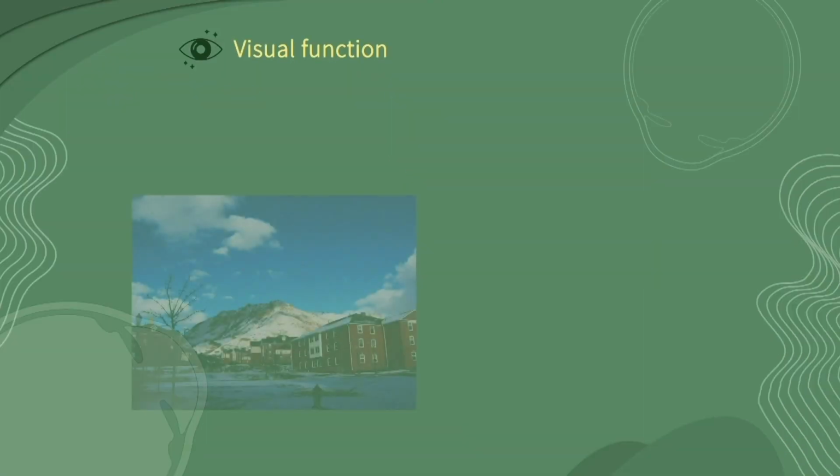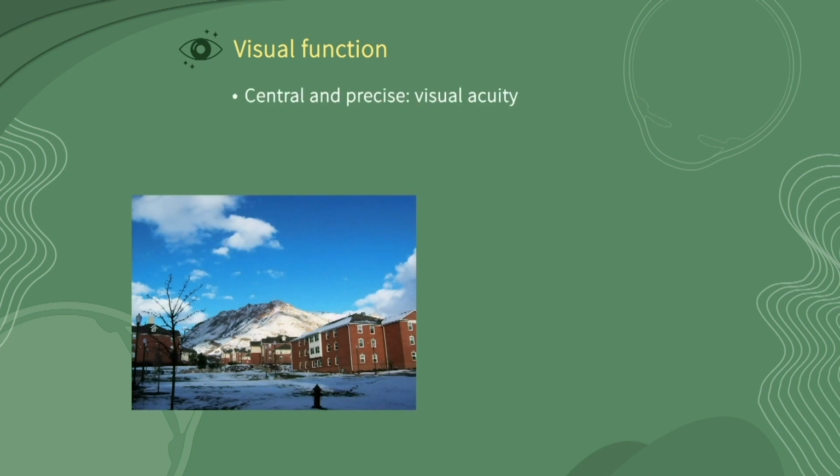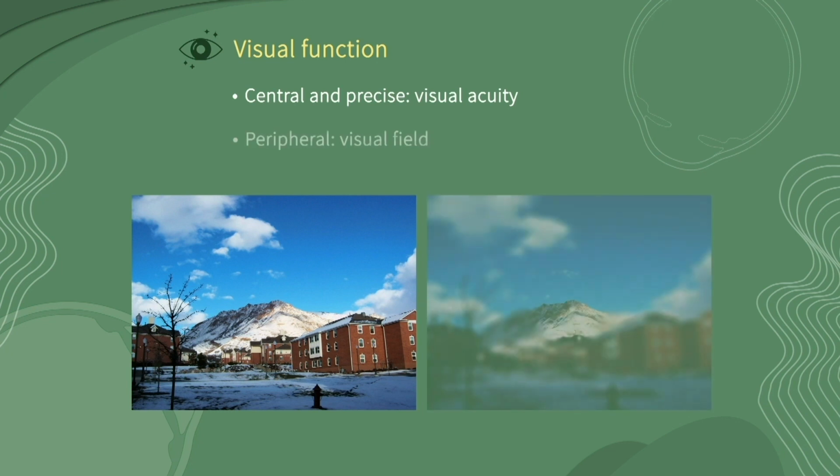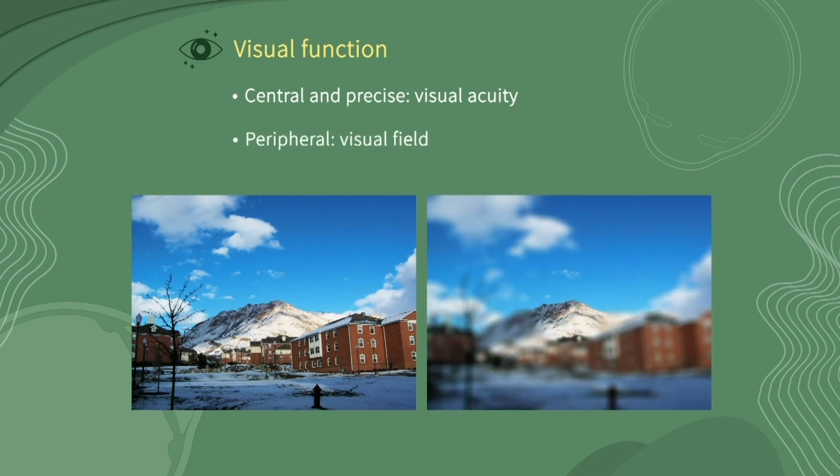Vision is the vital sign of ophthalmology. Any ocular examination must include an assessment of vision, regardless of whether vision disturbance is part of the chief complaint. You may think that our vision is clear everywhere like this picture, but actually our vision is precise only at the small central part.